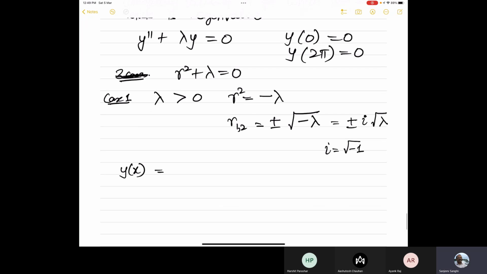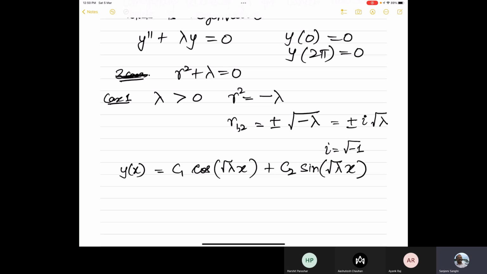And once we have this square root of minus 1, we can put this in the form c1 times cosine of square root of lambda x plus c2 times sine of square root of lambda x, because e to the power of rx will become e to the power of plus i square root of lambda x and e to the power of minus i square root of lambda x.